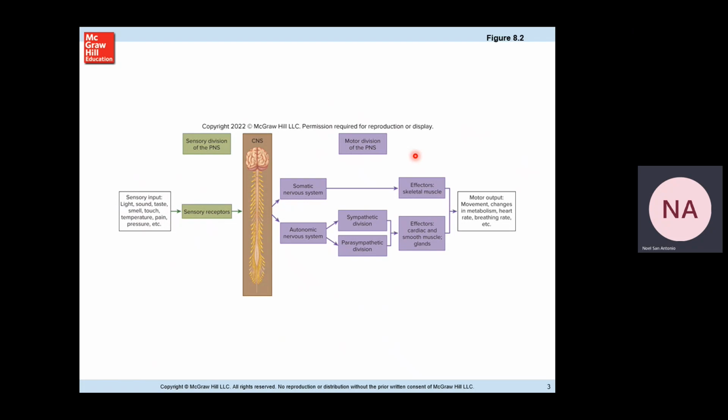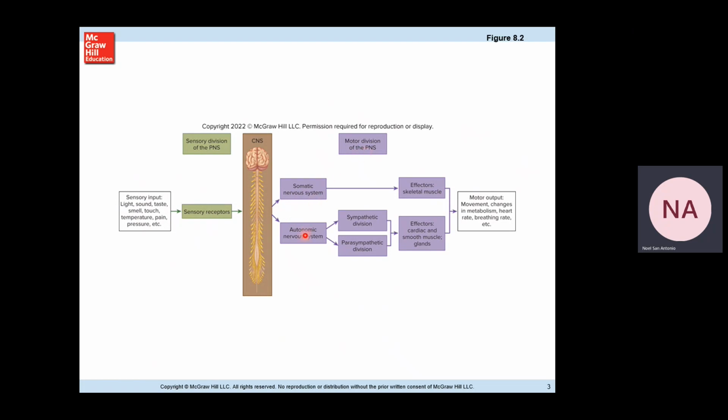While the motor division provides the motor output in the form of movement, changes in metabolism, heart rate, breathing rate, and others. Now, this output is provided through the two subdivisions of the motor division of the PNS.